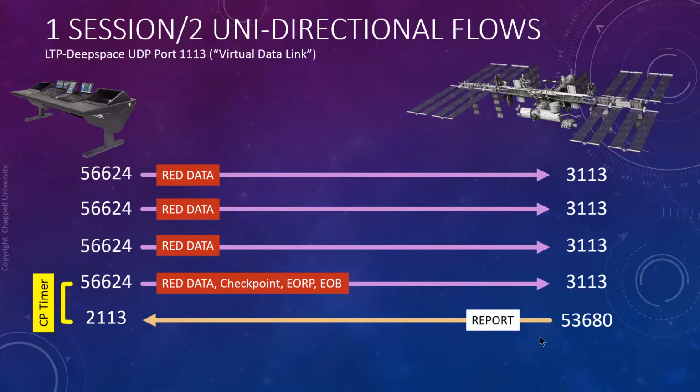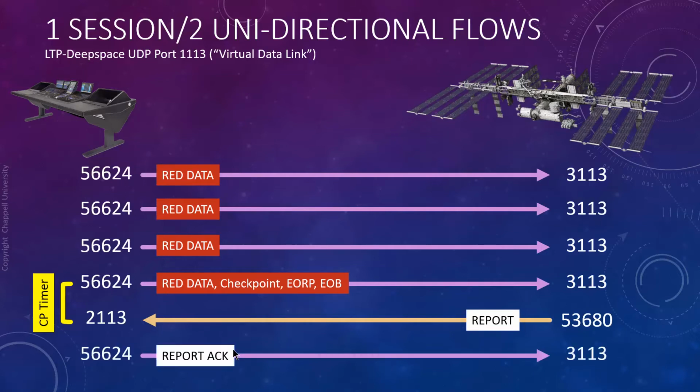And so what you'll see in the trace file is a report coming back from a totally different set of port numbers. It just feels strange. Now we can see the report ACK going back with our original port pairing. Because it's flowing in the proper direction, everything's great.